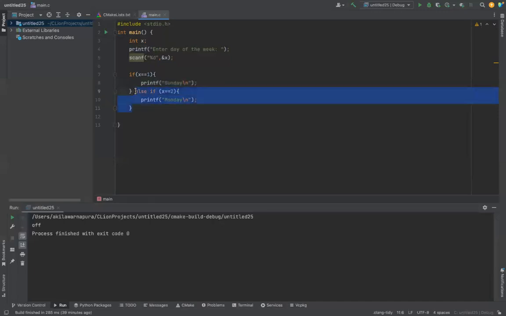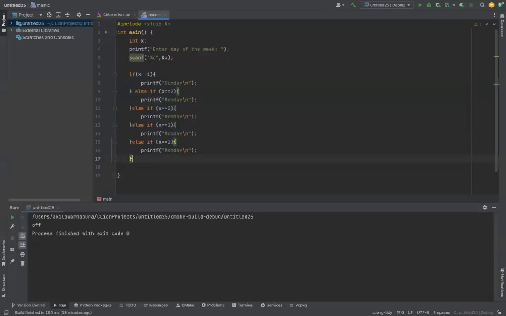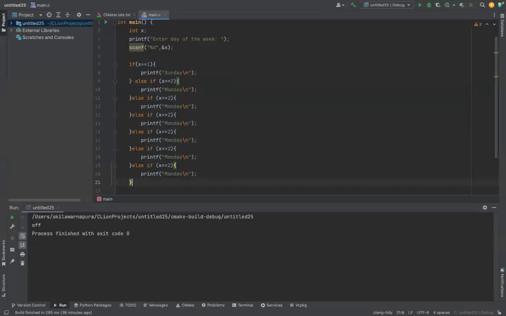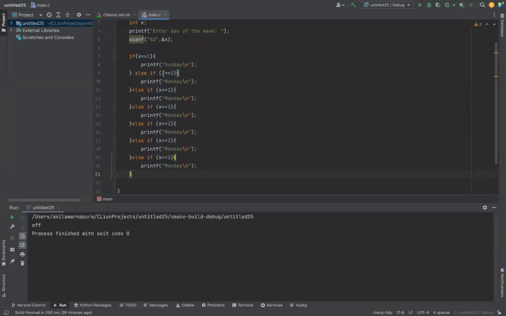Likewise, I copy this one and paste it here, for 1, 2, 3, 4, 5, 6, 7.